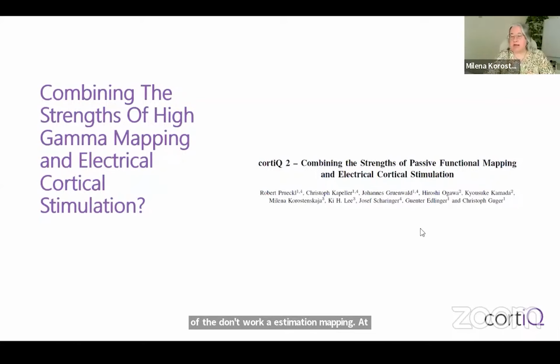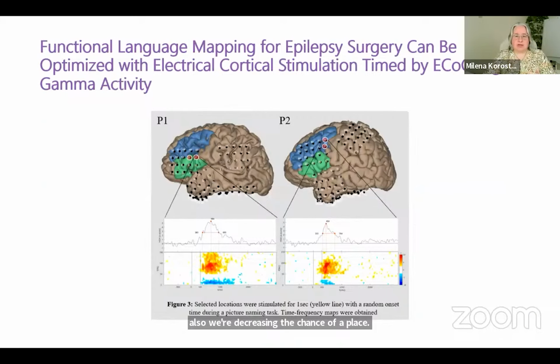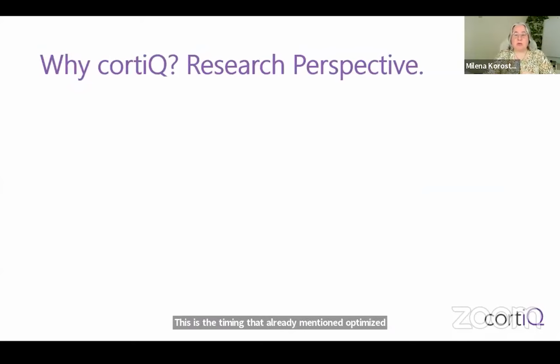So we're saving time, and also we're decreasing the chance of a patient to have seizures. This is the timing that I already mentioned, optimized timing for stimulation that we can do.